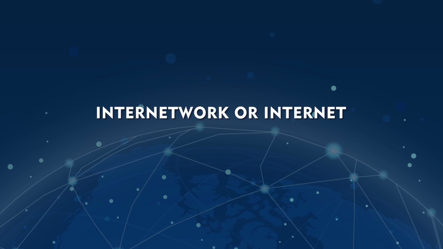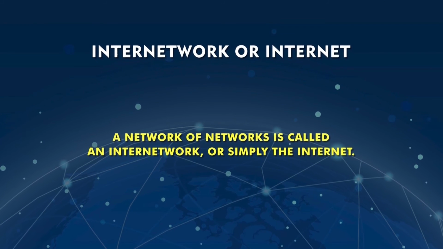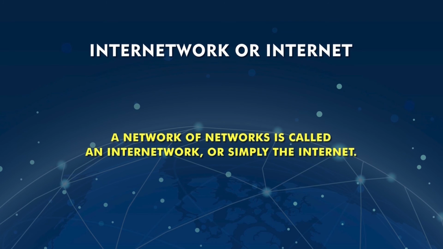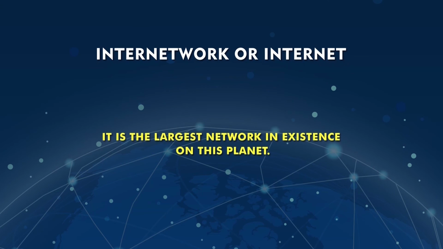So next comes the internetwork, or the internet. An internet of networks is called an internetwork, or simply the internet. It is nothing but a network of networks. It is the largest network in existence on this planet.